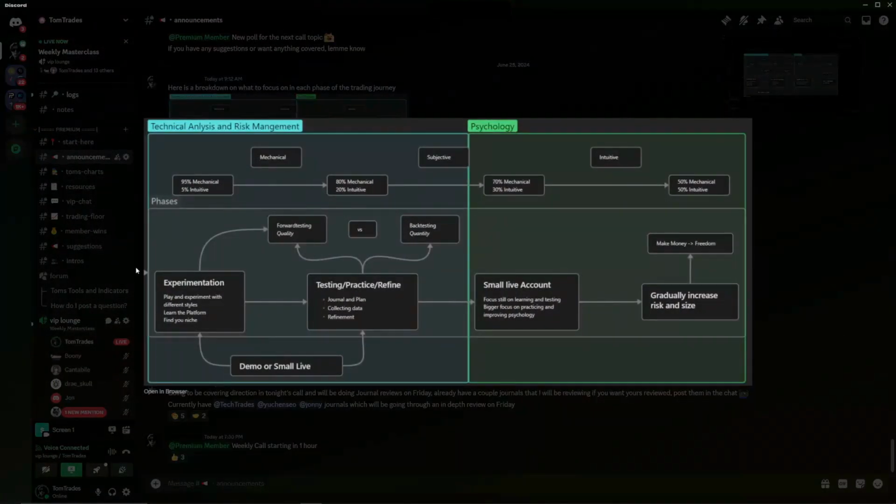You have the first part of your trading: technical analysis, risk management, and then experimentation, finding a system that works. It can be mine, it can be a mixture with your own. You can adapt it to how you want to trade, but start off more mechanical. As you get more experience, you build that intuition.